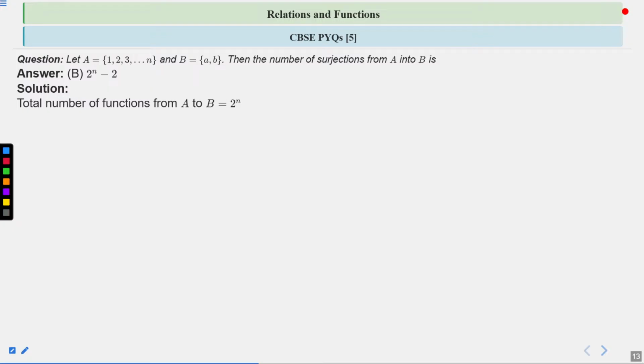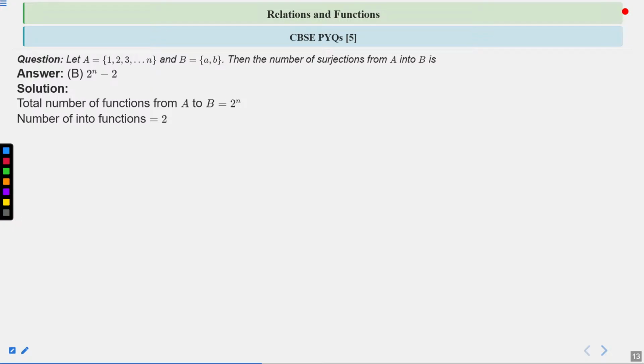The number of functions which are not onto, that is into functions, will be 2, because set B has 2 elements. So the number of into functions that can be defined from set A to B is basically 2.